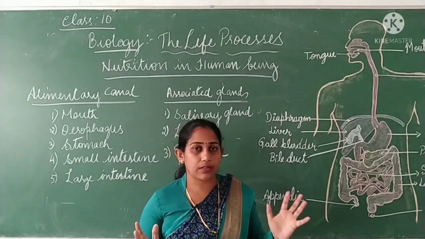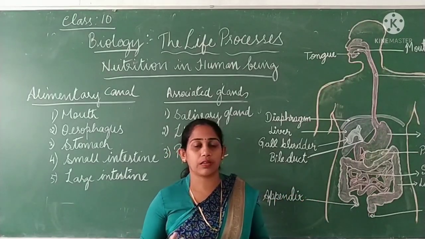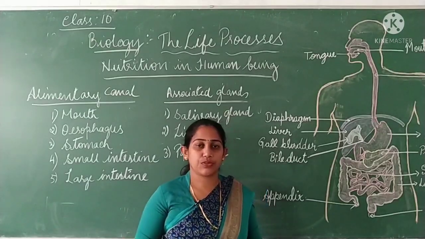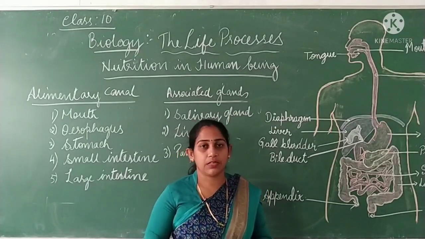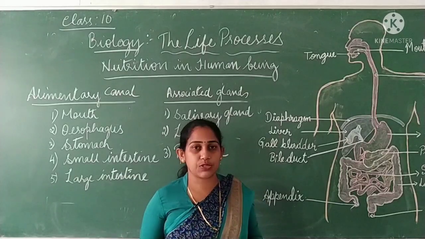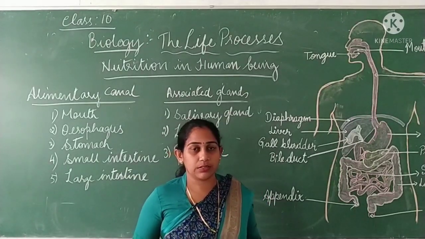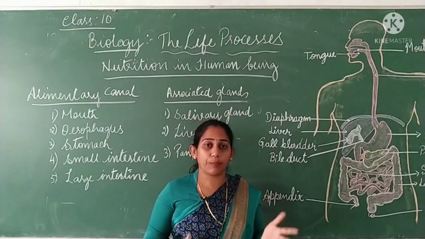We are obtaining different forms of food, so organisms, animals, heterotrophs have different food habits. We depend upon different kinds of food, and the food which we consume cannot be directly absorbed by our body to provide energy. It will be in a solid, complex form.